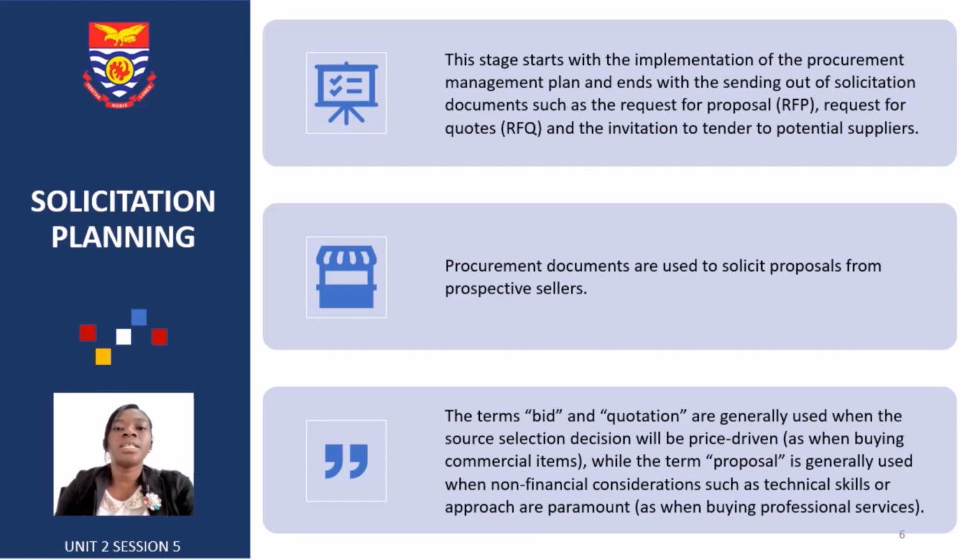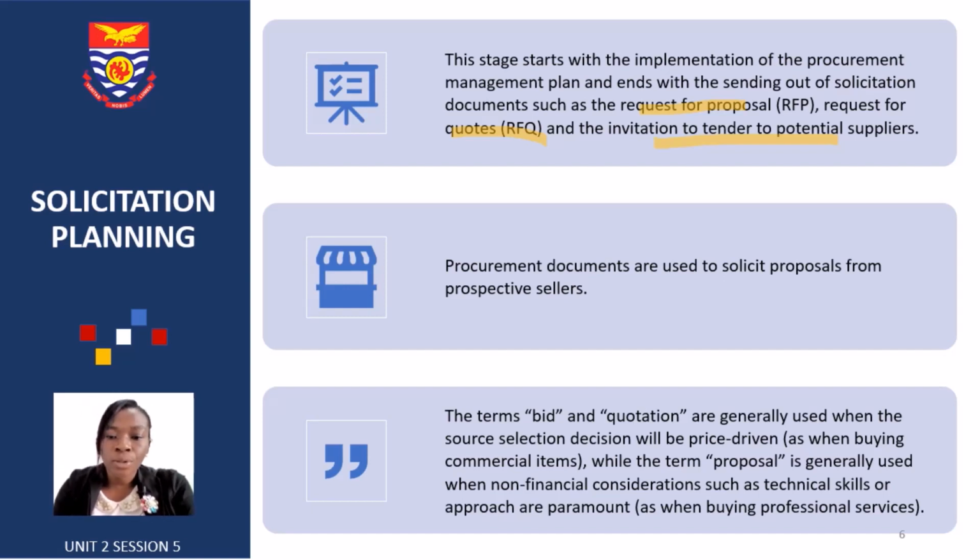This stage starts with the implementation of the procurement management plan and ends with the sending out of solicitation documents such as the request for proposals, the request for quotation, and the invitation to tender to the potential suppliers. So project procurement documents are usually used to solicit proposals from prospective sellers.